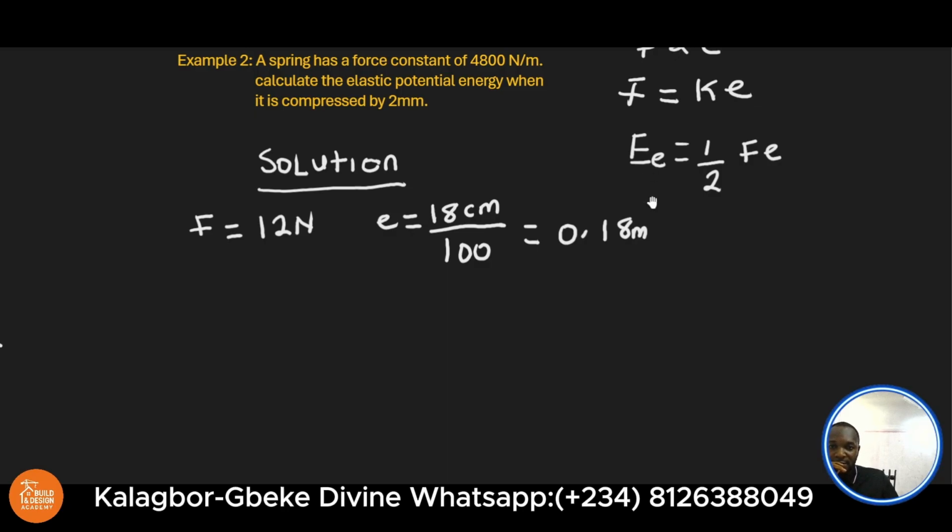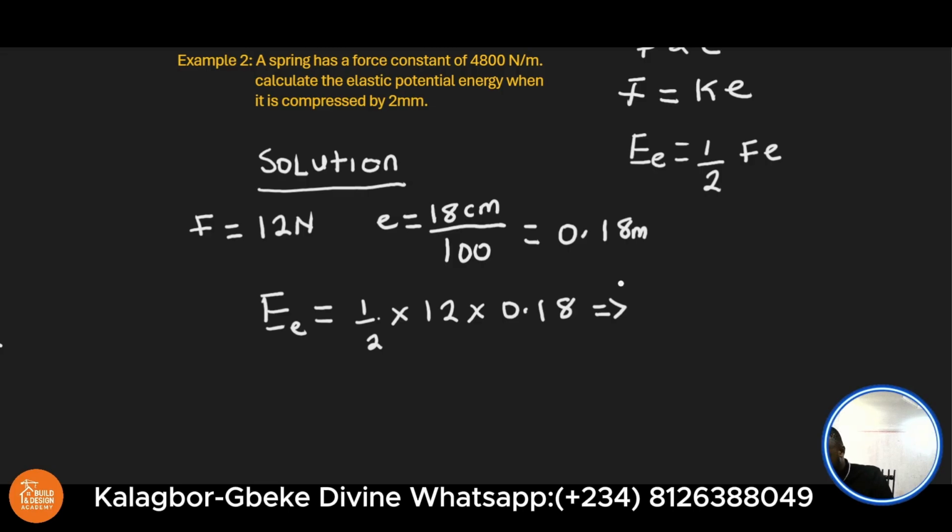So since you have given those two, we will now have that E, the elastic potential energy, is equal to 1 over 2 times the force, which is 12, times 0.18. So our final answer will be, where's my calculator?